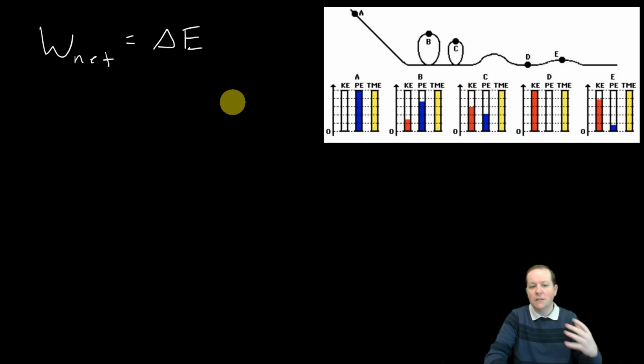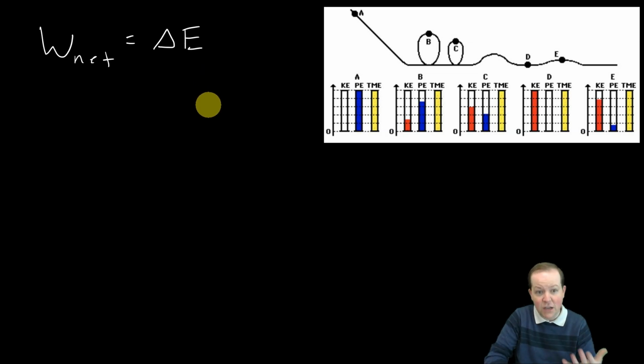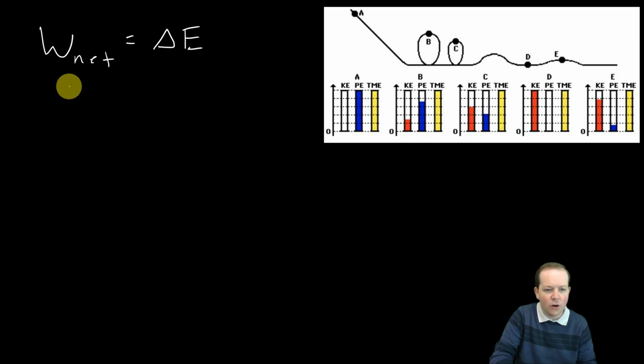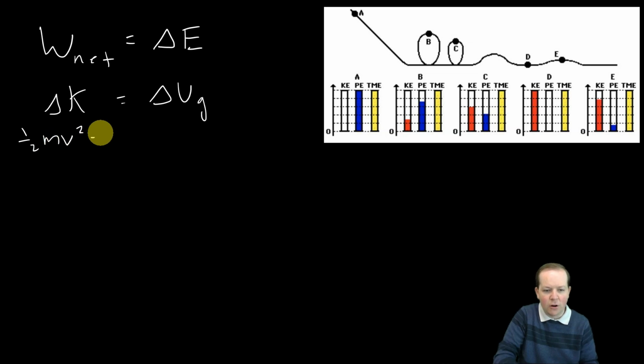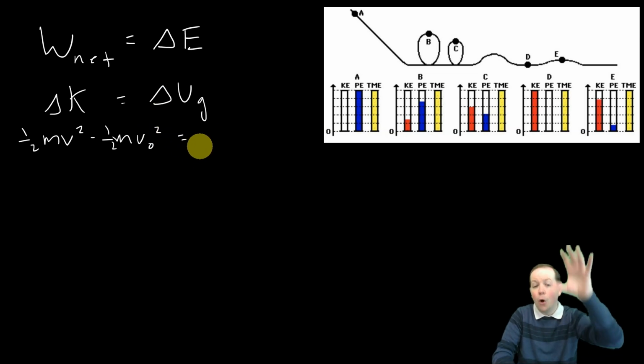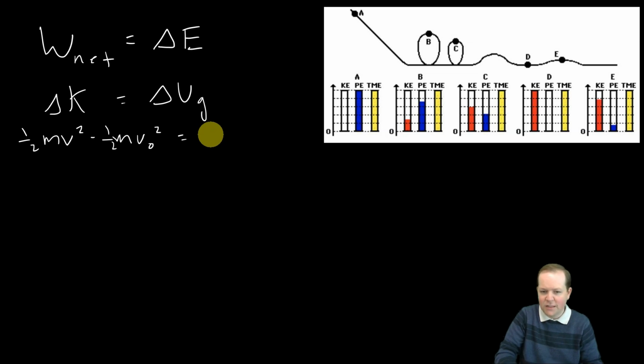So if I just have a ball that's falling straight down, that change in energy is a change in gravitational potential. We also reminded ourselves that from the work energy theorem, the net work is equal to the change in kinetic energy. So I would get 1/2 mv squared minus 1/2 mv naught squared, pardon my chicken scratch handwriting, is equal to the change in gravitational potential, mgh naught minus mgh.